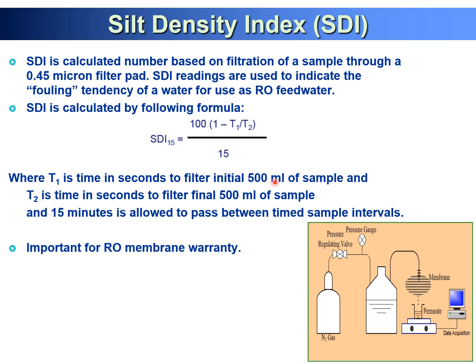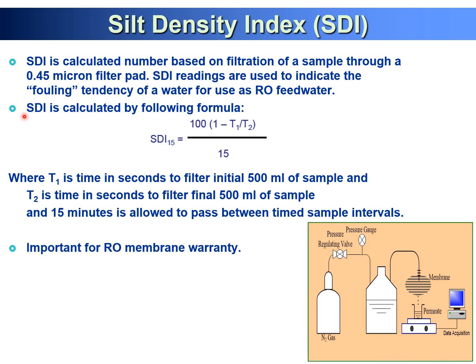So let's look at this setup. We have nitrogen gas, which is required for pressurizing your water, and this is the seawater to measure SDI, and this is the membrane, which is the 0.45 micrometer filter pad, and you pass your seawater through it and then measure your water flux.